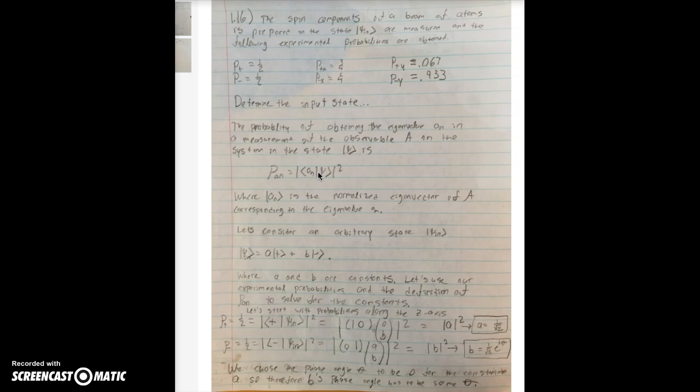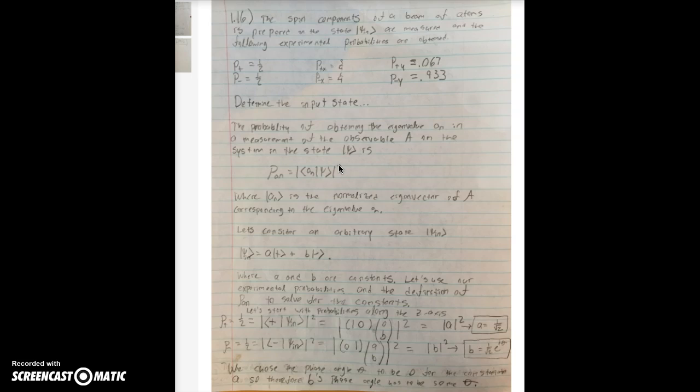So the probability of obtaining the eigenvalue an in a measurement of the observable A on the system that is prepared in the state is this, where the ket an is the normalized eigenvector of A corresponding to the eigenvalue an.